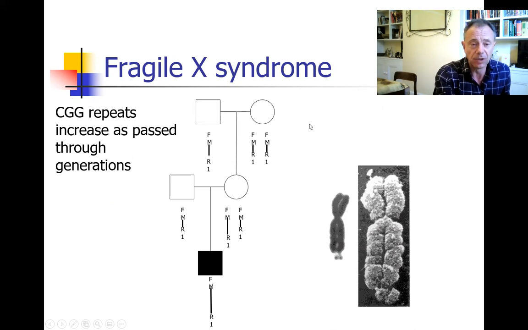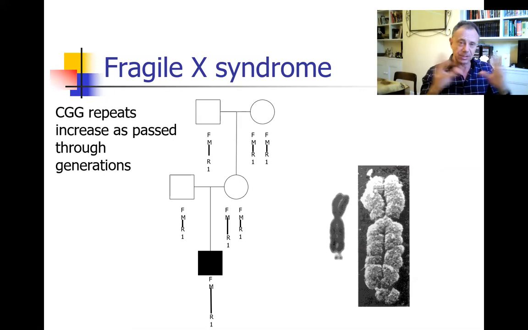Also of note is that this was one of the first genetic abnormalities causing a disease to be identified, because it produces an abnormality that you can see under the microscope. It's called Fragile X syndrome because if you culture cells in a low folate medium and look at their X chromosomes, it looks as if the tip of the X chromosome is falling off.